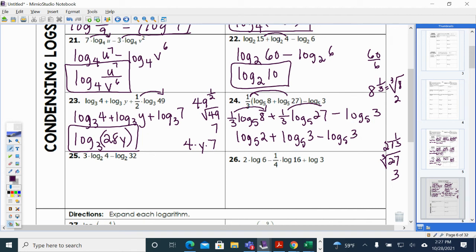So the first two are going to multiply, and then we're going to divide. So what is 2 times 3? And then the minus means divide by 3. Well, 2 times 3 is 6, divided by 3 is 2. So the final answer here is log base 5 of 2.